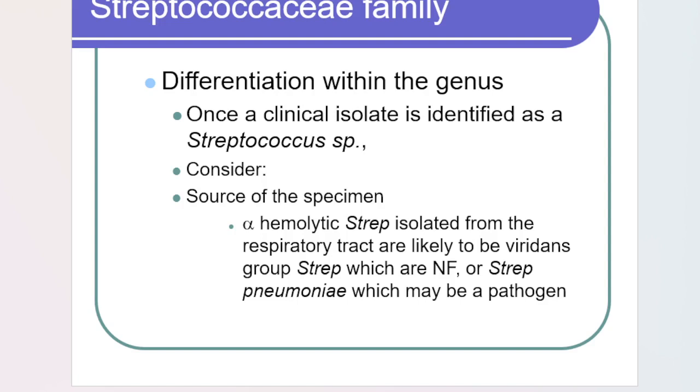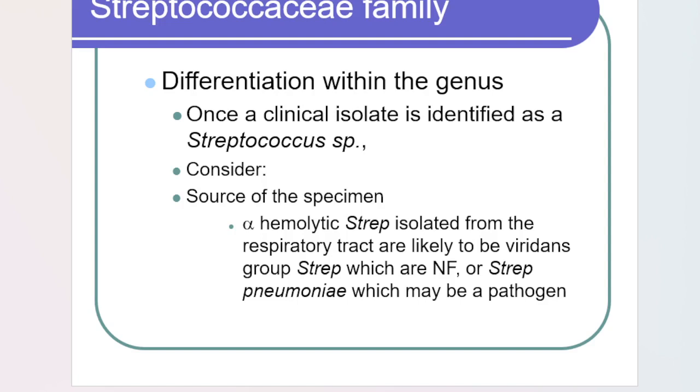Okay, so for alpha hemolytic strep isolated from respiratory tract like a sputum sample, nasopharyngeal swab, yung mga ini-insert dun sa nasal area. So these are likely to be viridans group strep, which are normal flora pag mga alpha hemolytic.